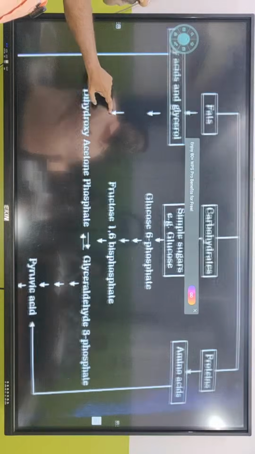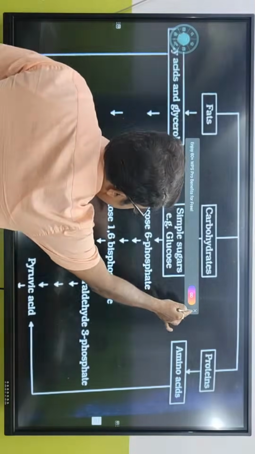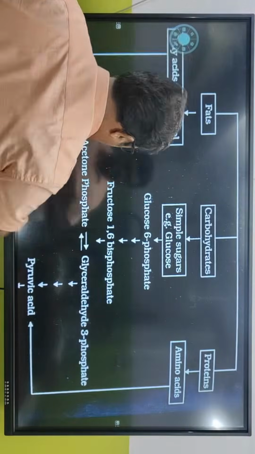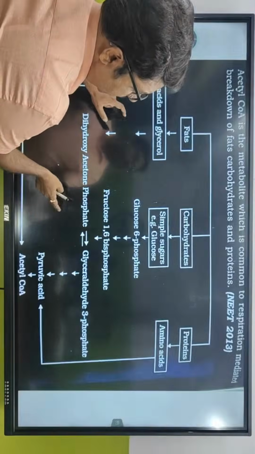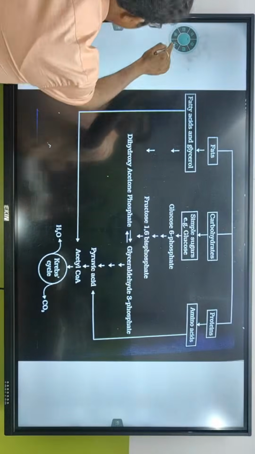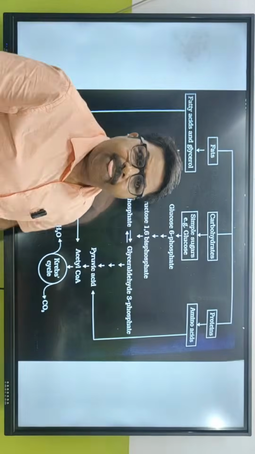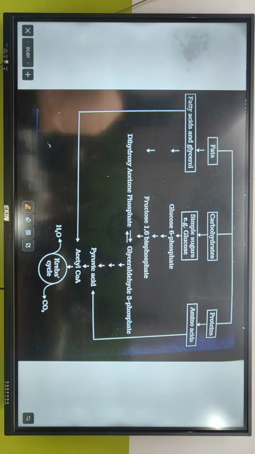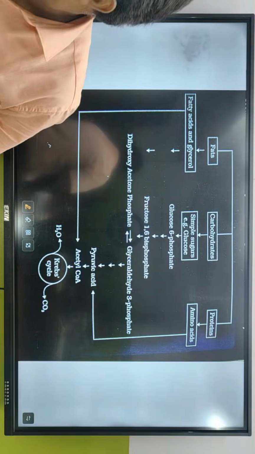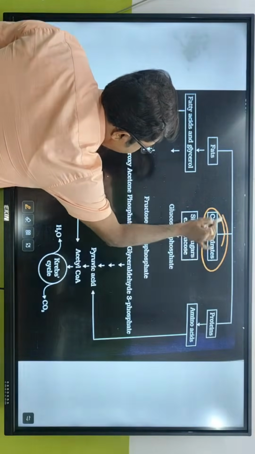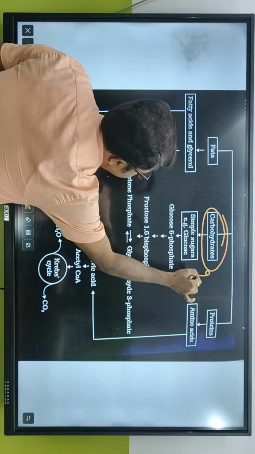Amphi means what? Both. So you can see in your book, this step we already know. This is carbohydrate. Our journey starts from carbohydrate, that means glucose.